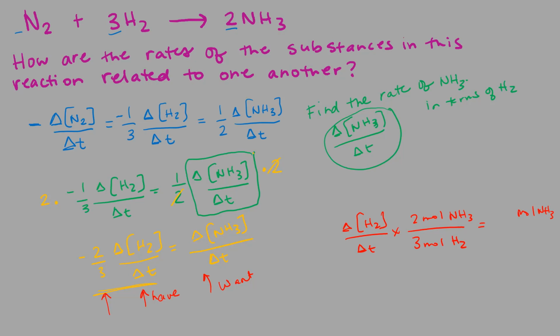Because this concentration here, let me erase that so you can see. It would be molarity, right? Moles would be up here, and then liters would be down here, and this would be moles of H2. So it's the change in moles of H2 over liters times change in time. So this moles of H2 goes away, and I end up with this. So you might see it written this way, so you might want to know what it means, but you don't have to use that. You can just use your mole to mole ratios, and that's how I'm going to use it when we have to find these in the problems in here.